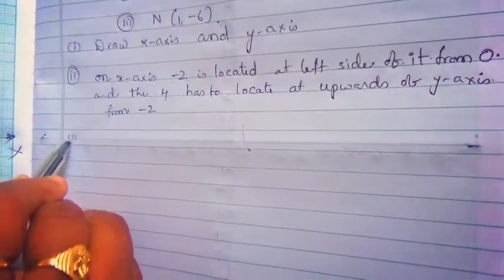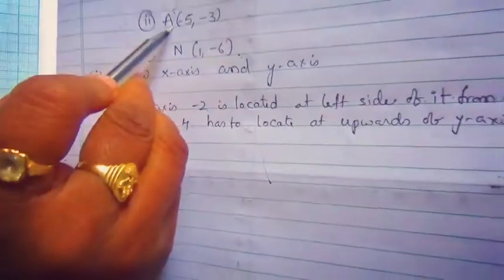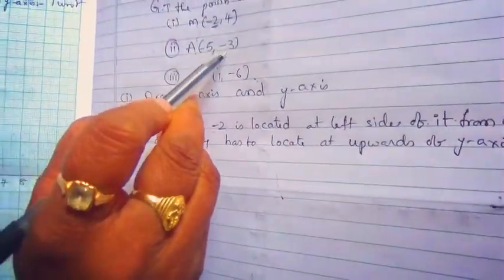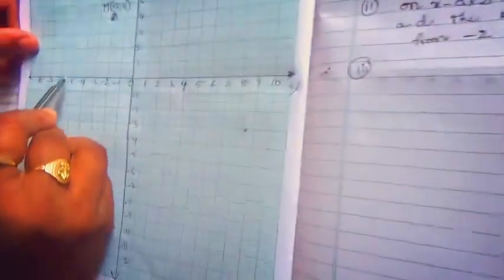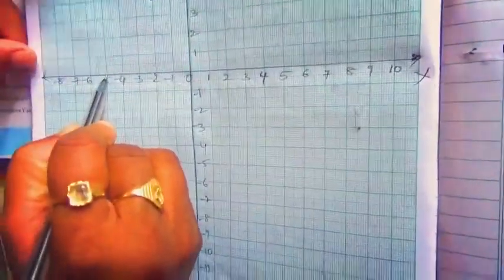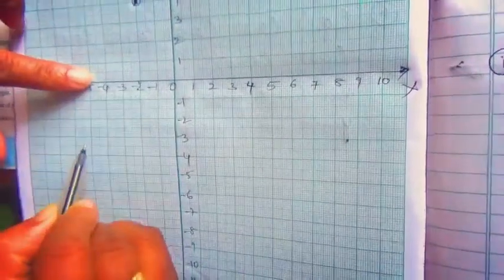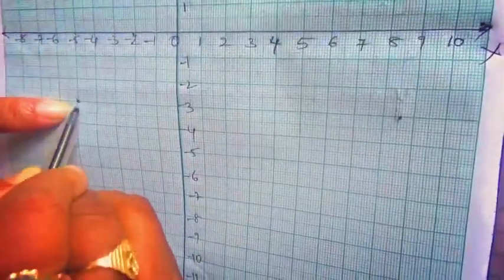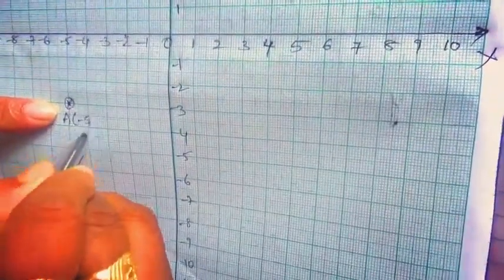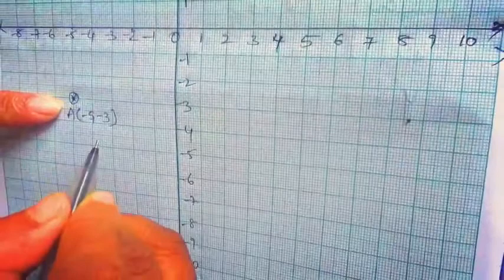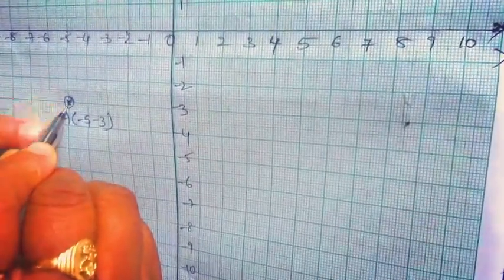Hence the third point is minus 5, minus 3. On the x-axis minus 5, on the y-axis minus 3. Here it is, the point minus 5, minus 3. How did we identify that?